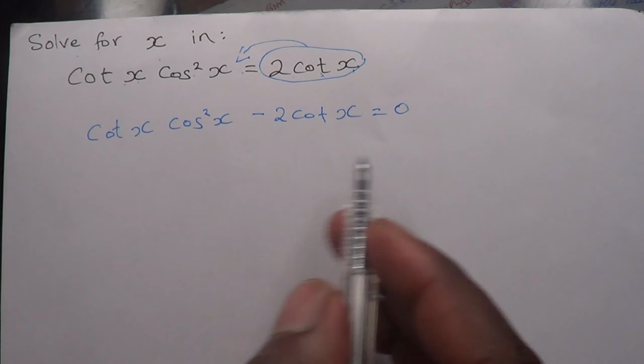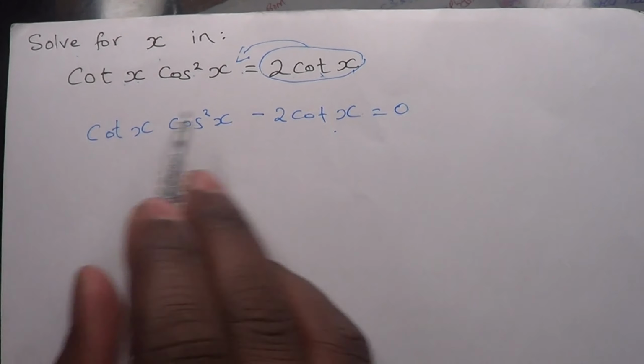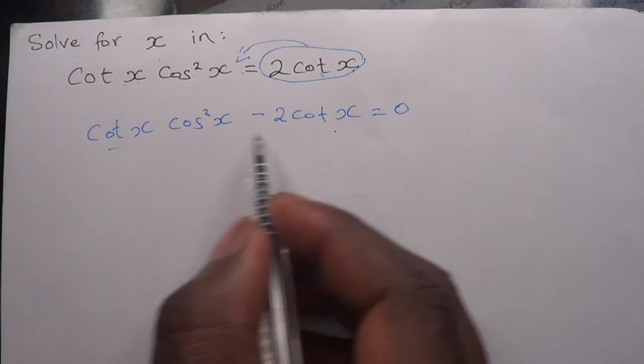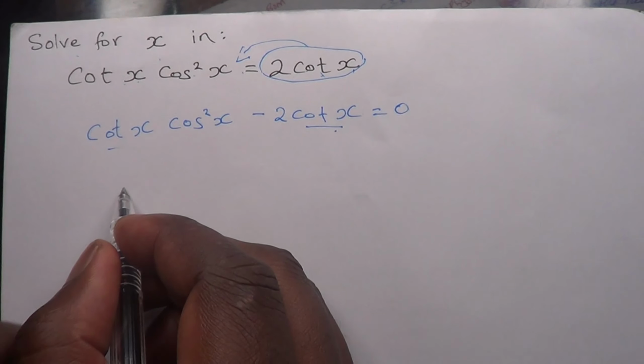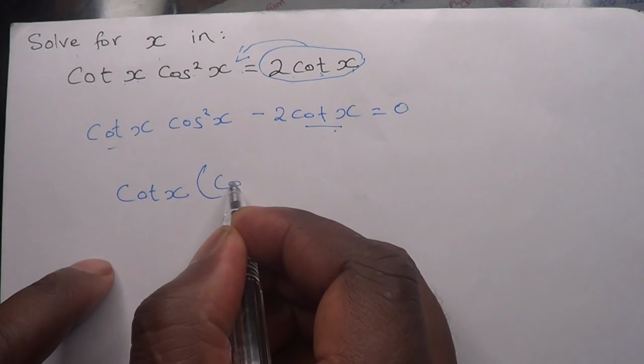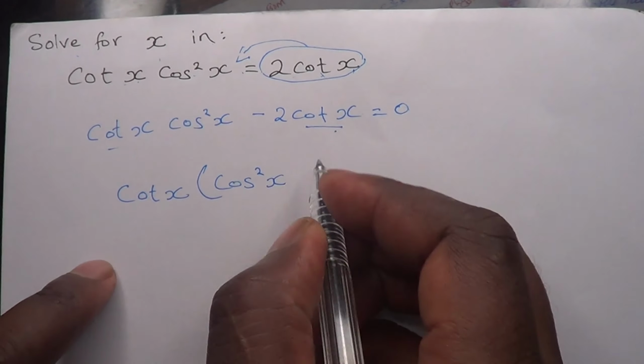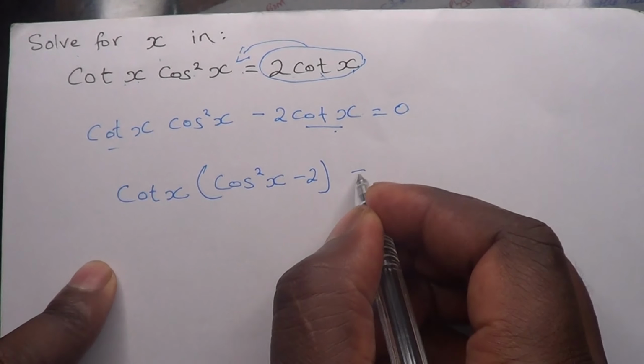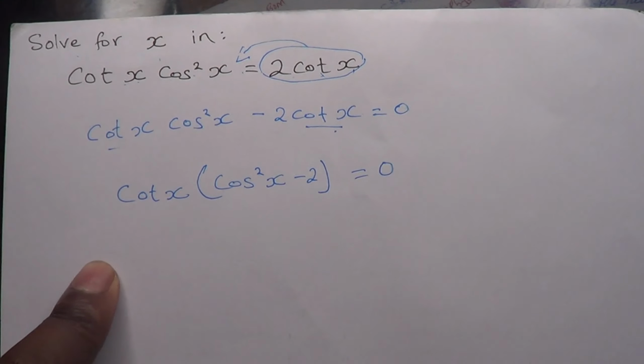So the common factor here is cot x. You can see cot x here, cot x here. Now it will be cot x into cos squared x minus 2 equals 0. That's the first thing we have found.